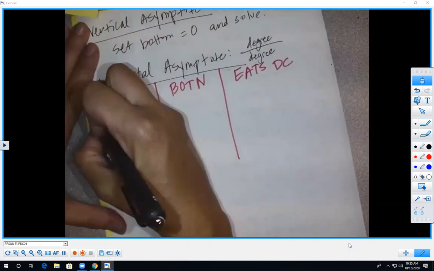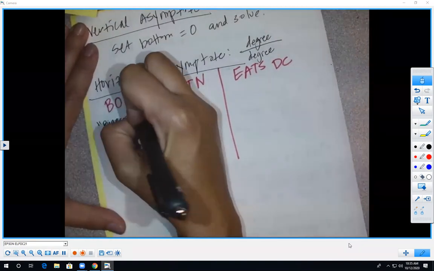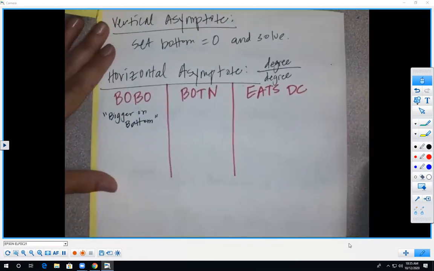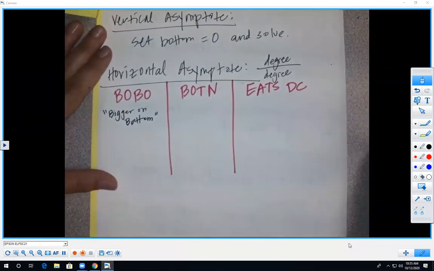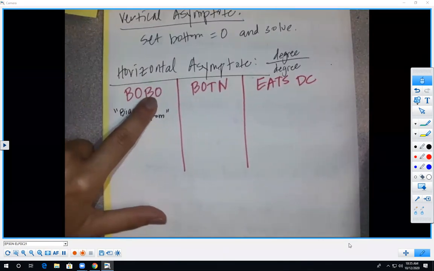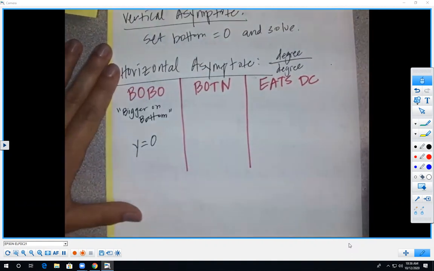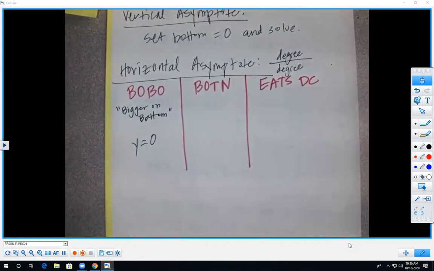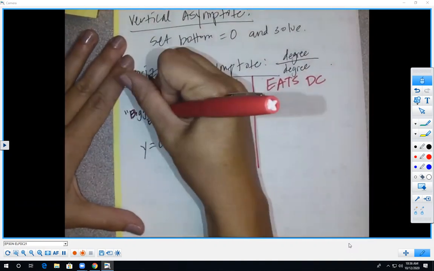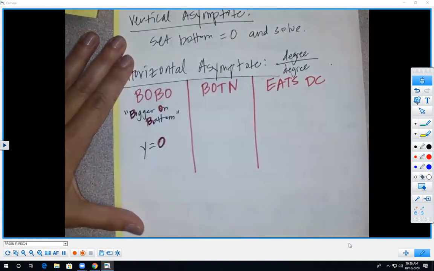If it is bigger on bottom, the O tells you your answer. Your horizontal asymptote is y equals 0. So that's the B, O, B, and the y equals 0 is the second O.